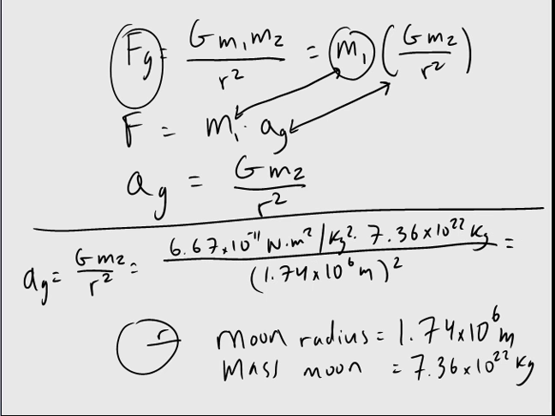And that will give you 1.62 meters per second squared. So that's the acceleration due to gravity on the moon, which is smaller than on Earth.